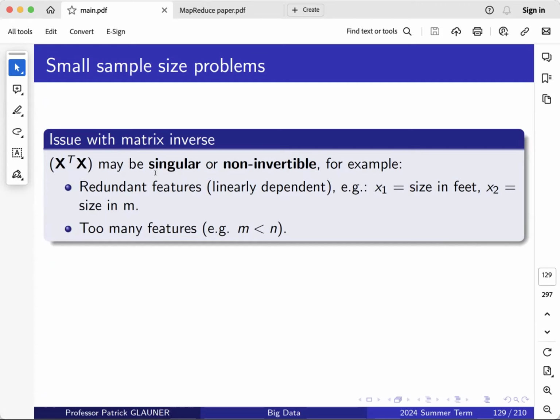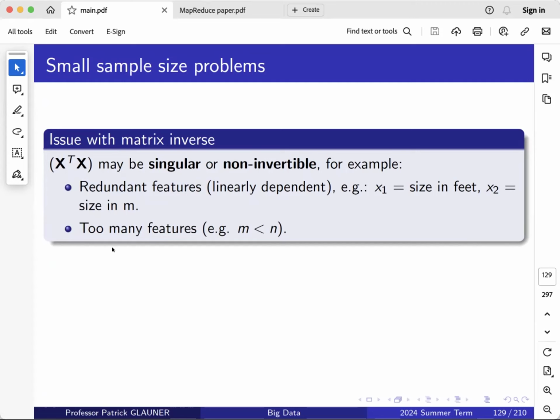And there can be other reasons, even in a non-small sample size problem, where this matrix becomes singular. For example, if I have redundant features, concretely features that are linearly dependent. For example, one column, so one feature, could be the size of the house in feet, the other column could be the size in meters.